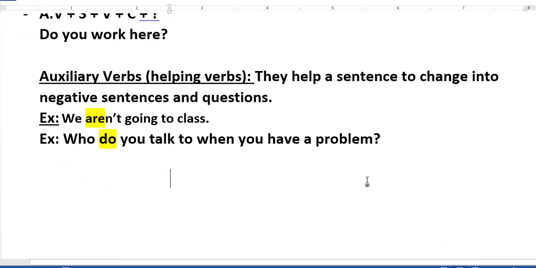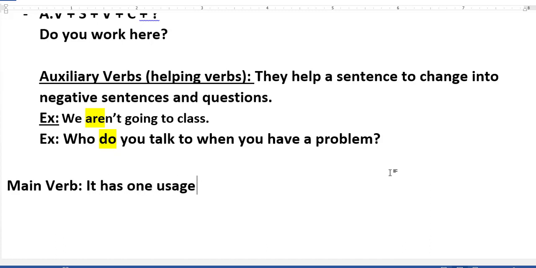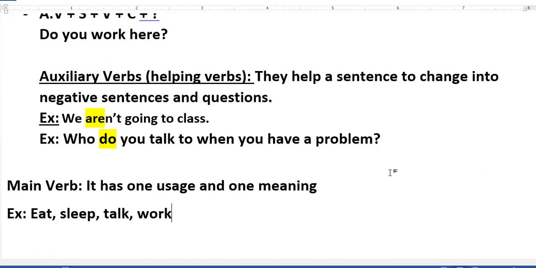So this is auxiliary, main verb. Our main verb can be main verb. It has one usage and one meaning. For example, eat, sleep, talk, work.